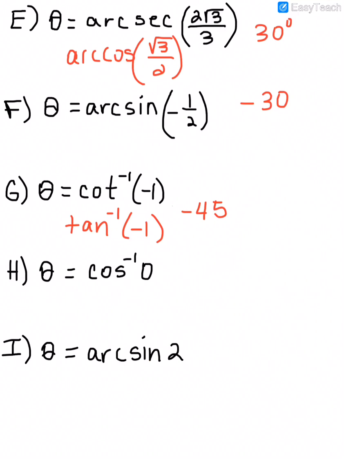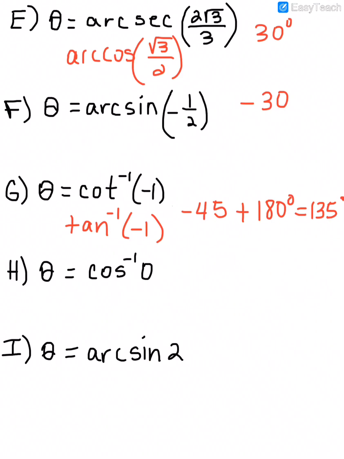So the angle whose tangent is negative 1 is negative 45 degrees. And to get the cotangent, we're going to add 180 degrees to it. So that means cotangent inverse of negative 1 would be 135 degrees.